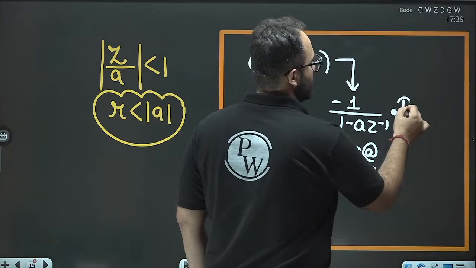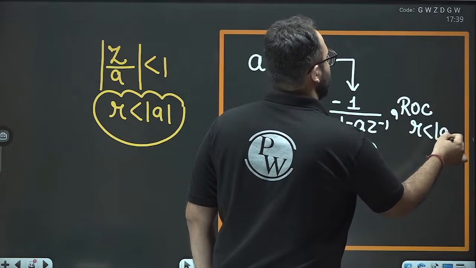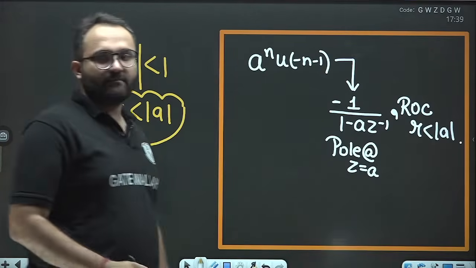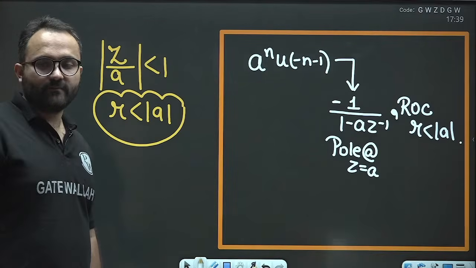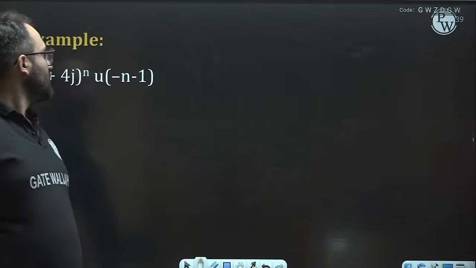So the ROC is r less than magnitude of a. This is the ROC. Great.